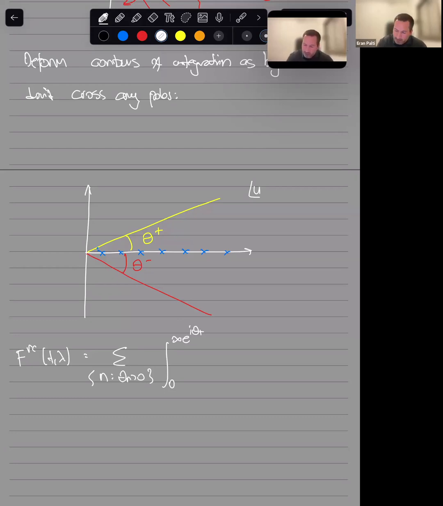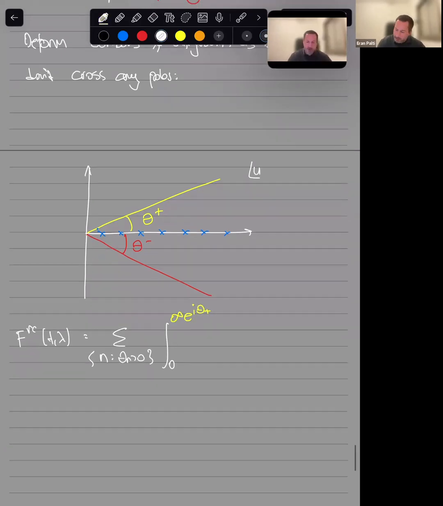Okay, maybe I can even do this in yellow. e to the i theta plus. Okay, and then we have the integrand.